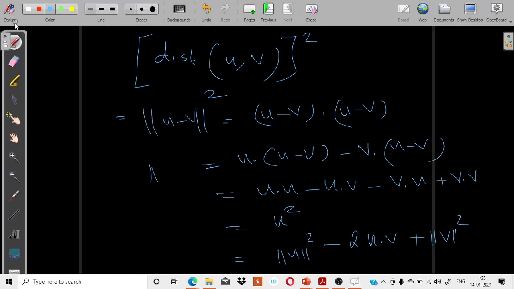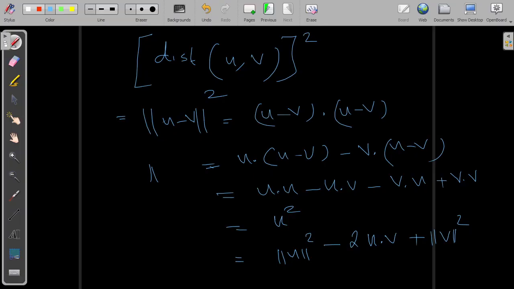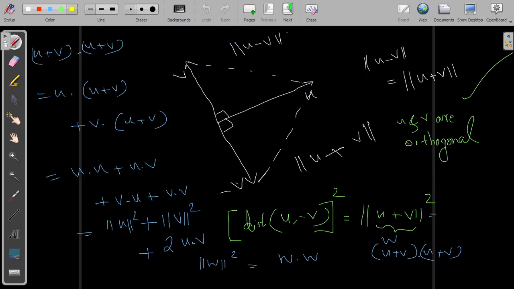Now let us name this equation 2, and the previous equation, the distance between u and minus v, I'm naming equation number 1.